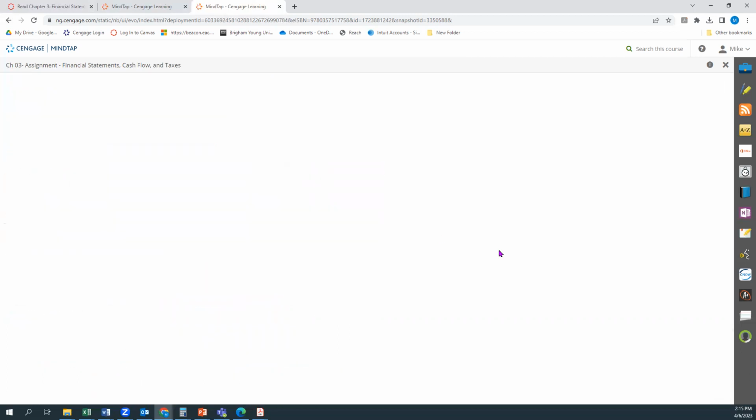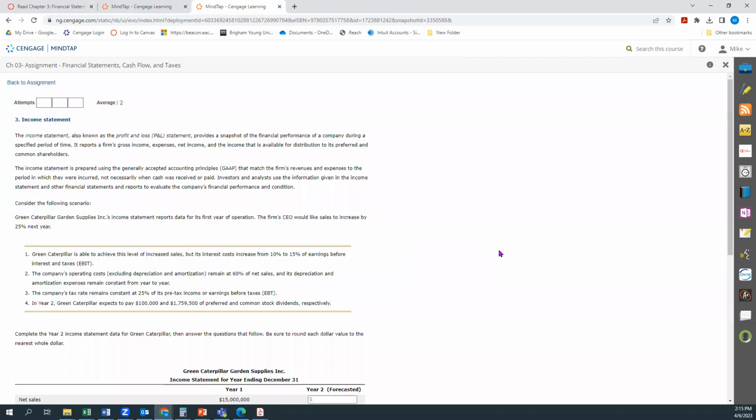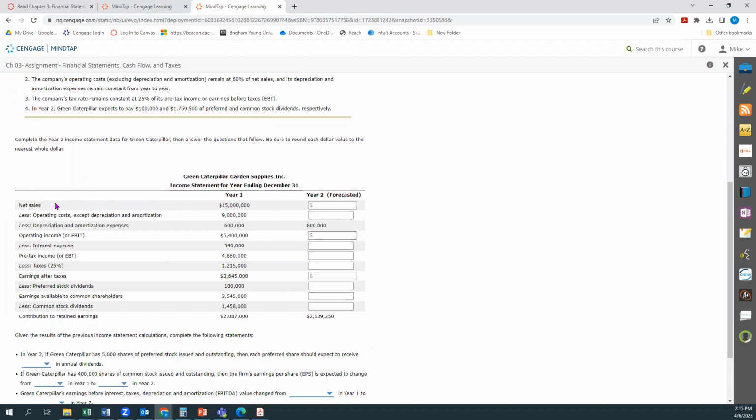Section 3 is the income statement. Again, a basic premise about an income statement that will help is that our sales minus our operating costs and depreciation and amortization expenses gives us what's called our operating income. Then our operating income minus interest expense gives us our EBT, or earnings before taxes.